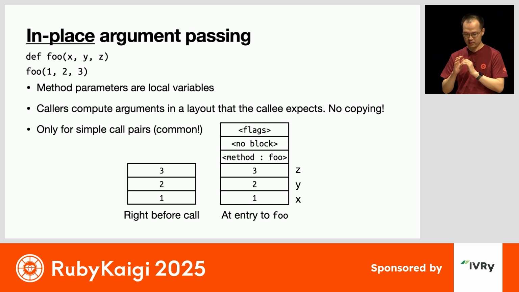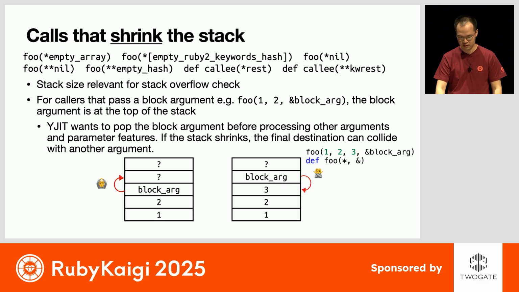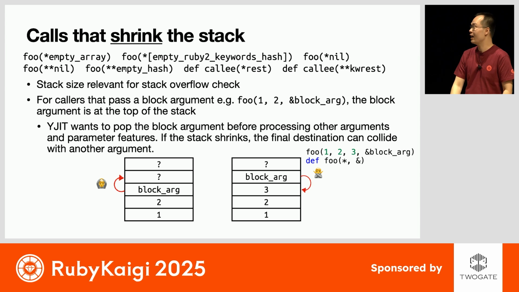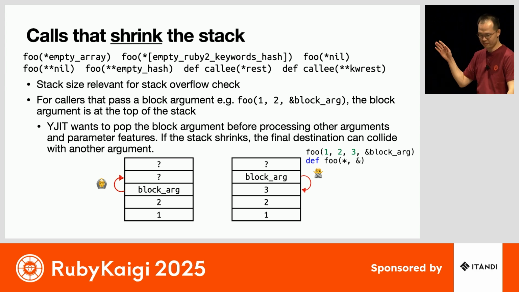These are the simplest kind of parameters you can have, so it makes sense to have them fast and efficient. Sometimes we have to move stuff, though. That means the postfix notation stack can be smaller after the call than before the call. There are quite a few features that can do this, and I listed some examples up there.